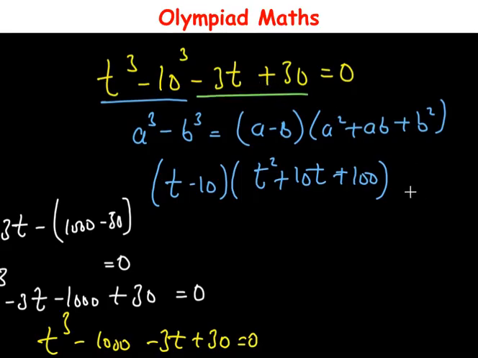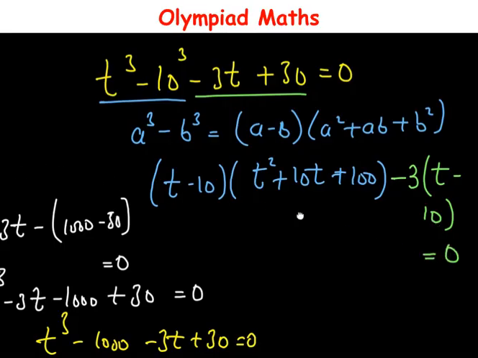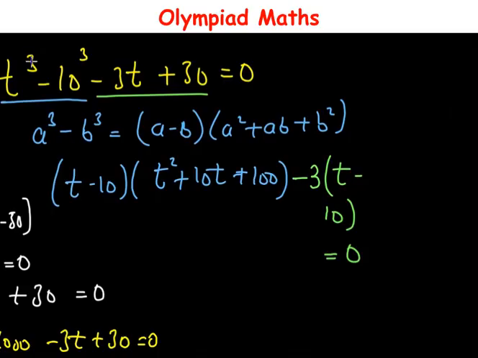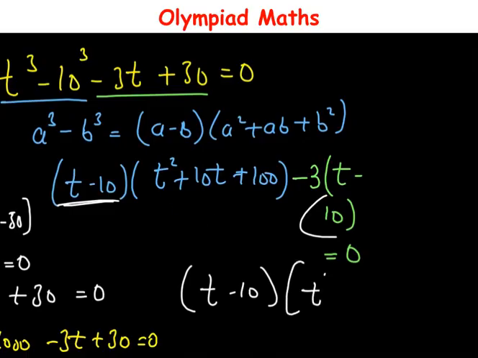From here, factorize out minus 3, we are left with t minus 10, and this equals 0. So looking at this, we have a common factor, t minus 10 and t minus 10 from this. So simply factorize out t minus 10, so we are left with t squared plus 10t plus 100, then minus 3, and this equals 0.